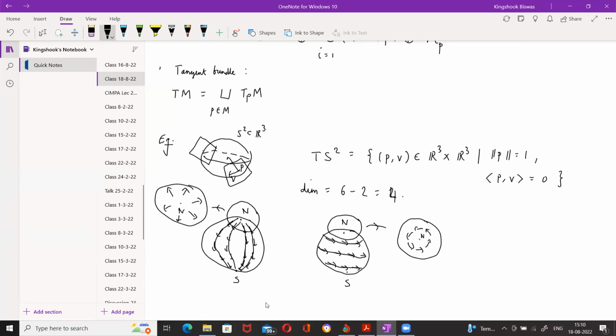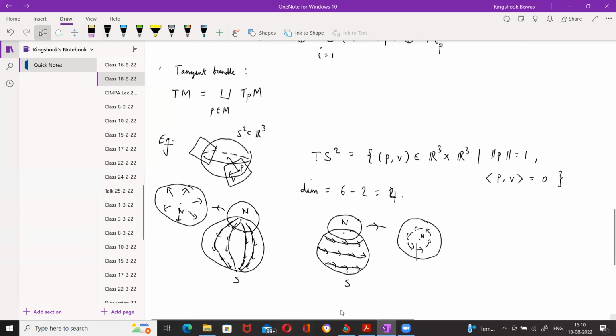So this will have to have zeros at the north and south pole. And I'm sure you all know the Hairy Ball theorem that any continuous vector field on the two-sphere has to have at least one zero, right? So you can see it in these pictures. These have to have at least one zero.